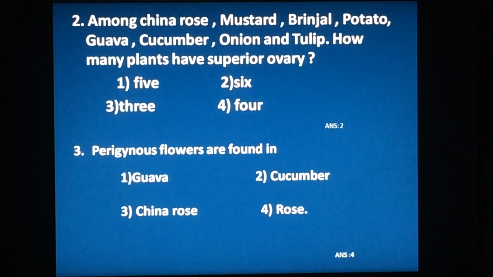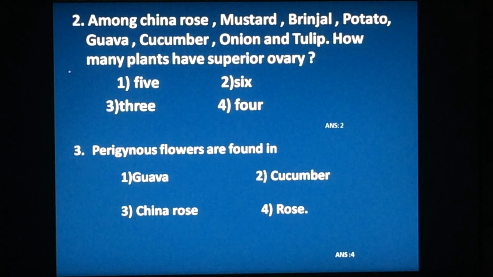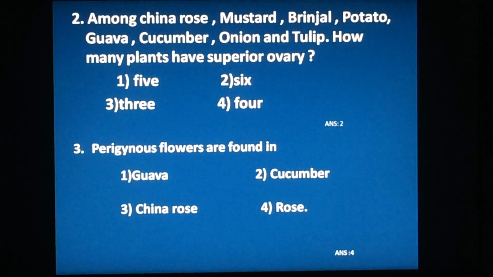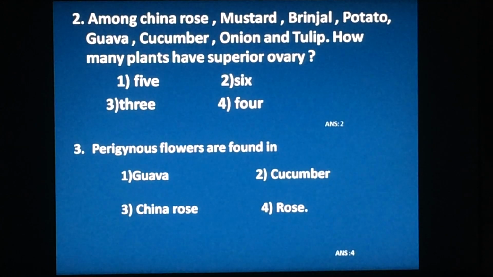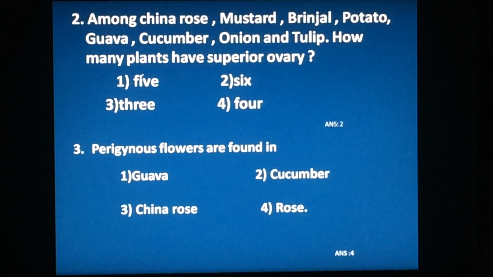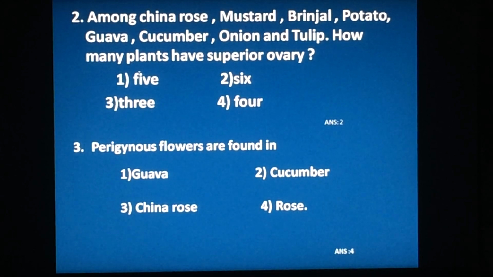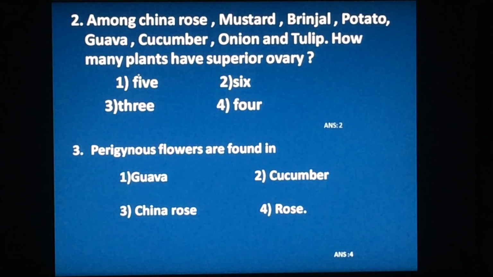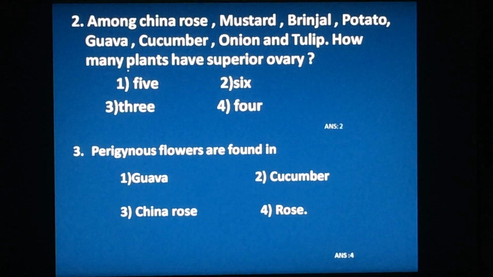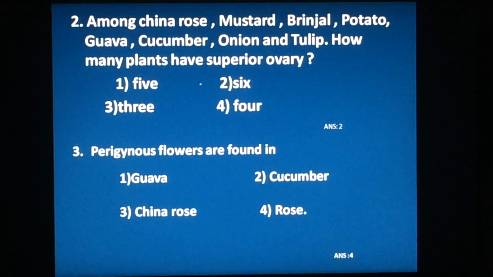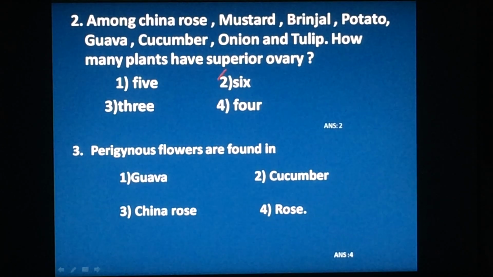Then among China rose, mustard, brinjal, potato, guava, cucumber, onion, tulip, 8 plants have been given. How many plants have superior ovary, hypogynous, superior ovary? Here, if you see, answer is this one, 6.